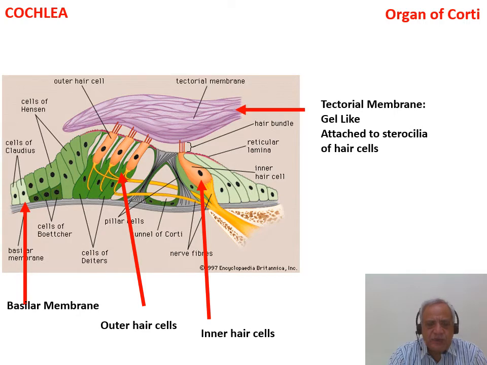Hair cells, whether outer or inner, have stereocilia. The stereocilia are attached to the tectorial membrane. And the impulses then go through the cochlear nerve to the brain to be transmitted for understanding speech.